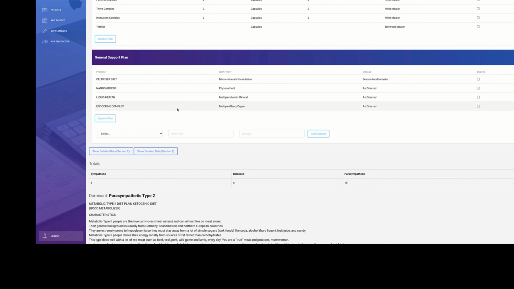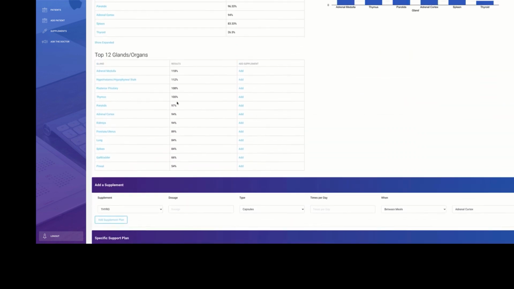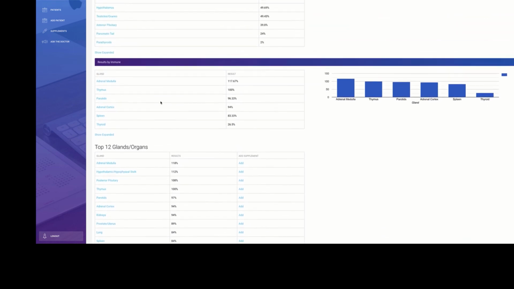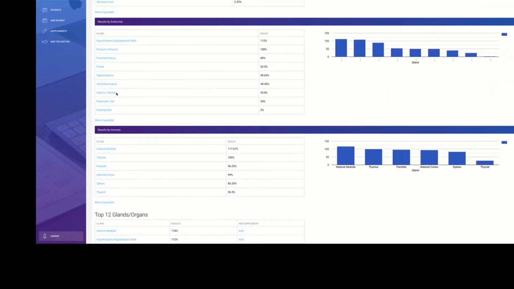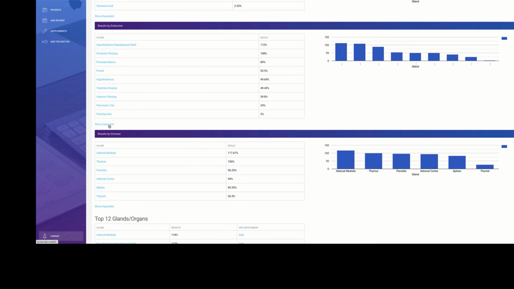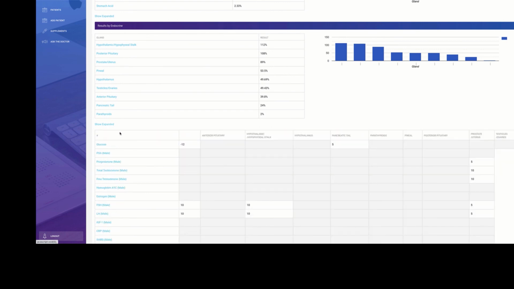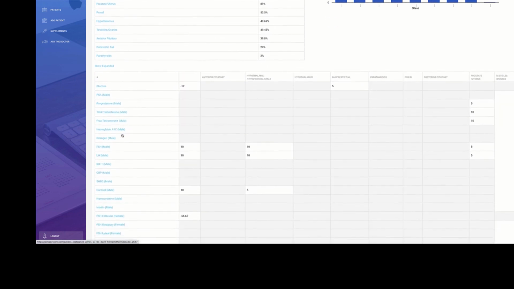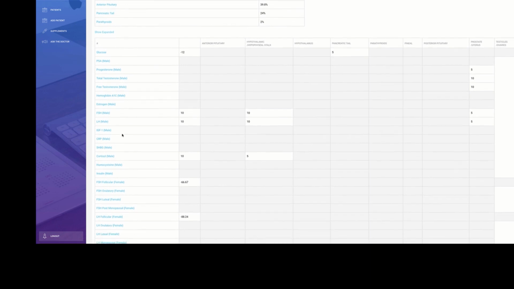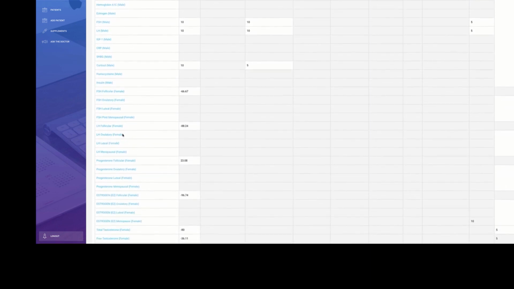Oh, by the way, if you're really interested to see how we come up with these top 12 glands or organs and how we come up with these percentages, you can basically click on Show Expanded and you'll have a whole explanation of what tests we decided to utilize for each particular gland or organ.